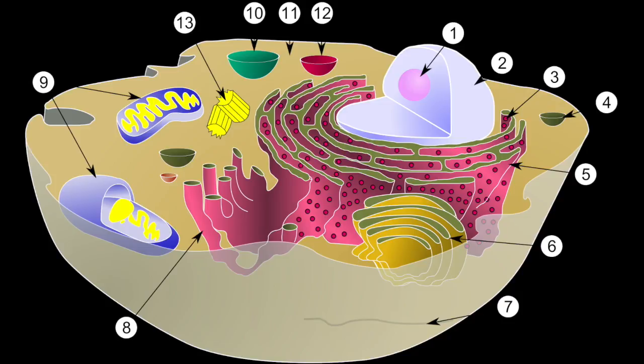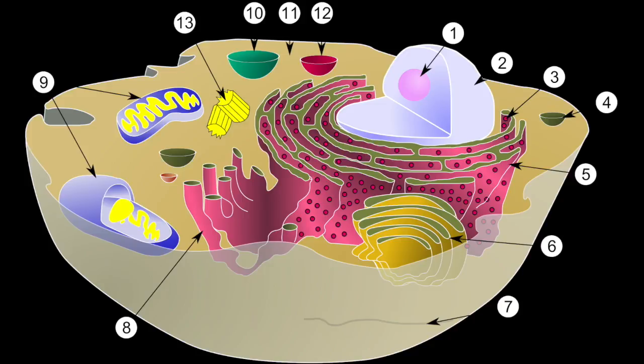Vacuoles. Every factory needs a place to store things, and cells contain places for storage as well. Some kinds of cells contain sac-like structures called vacuoles that store materials such as water, salts, proteins, and carbohydrates.